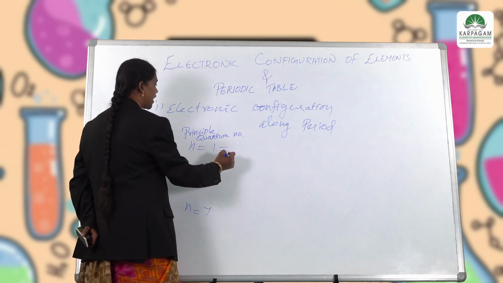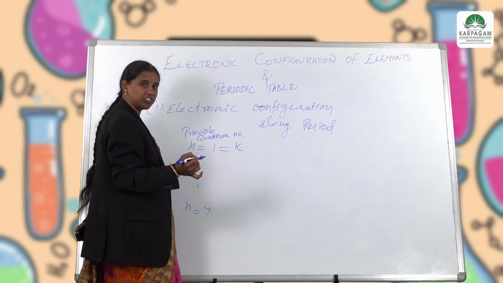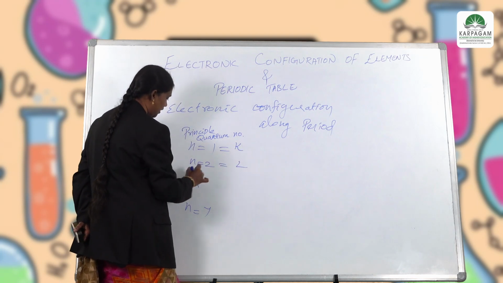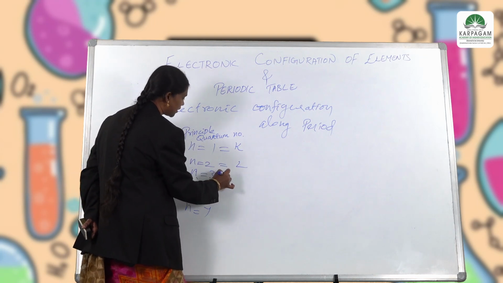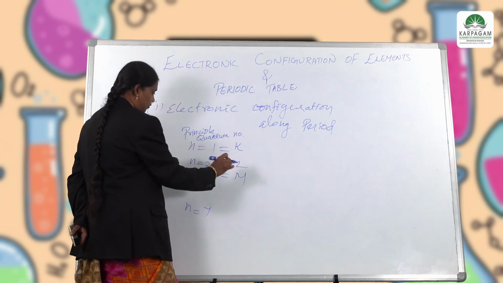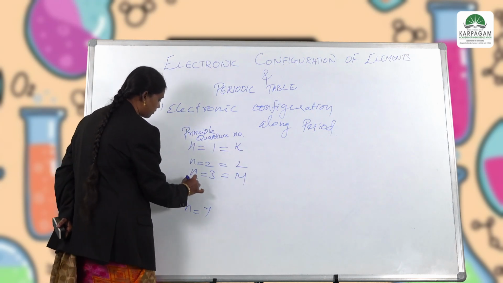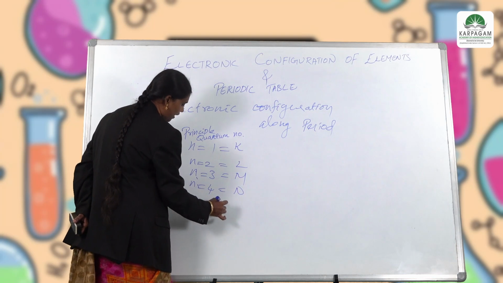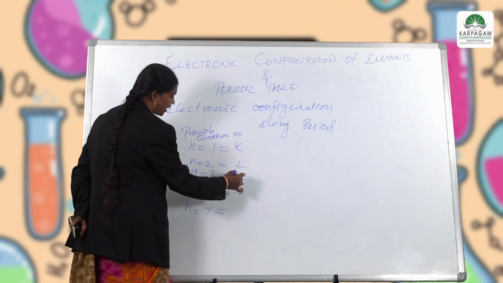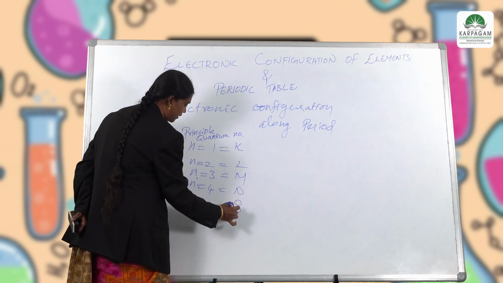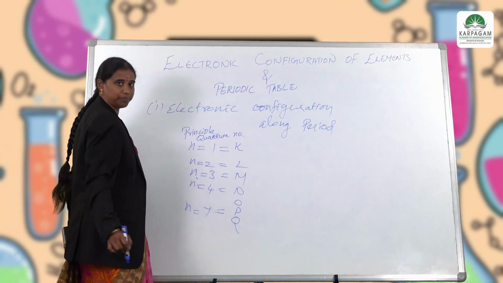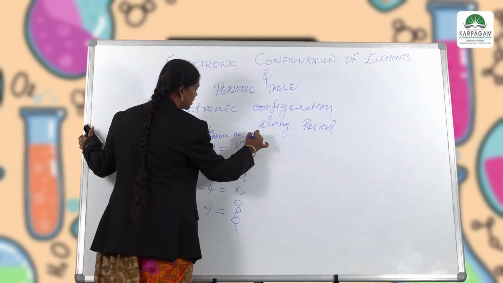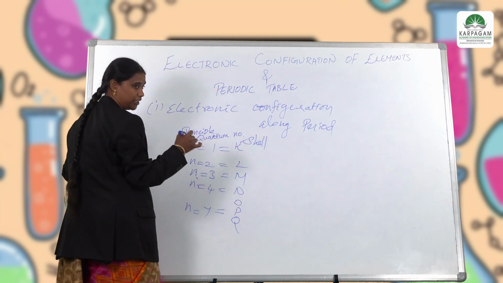So n1 defines the shell K, n2 defines the shell L, and n3 defines the shell M. Likewise n4 defines the shell N. So the shells are K, L, M, N, O, P, Q, up to Q. These are the main shells, the electronic shells.